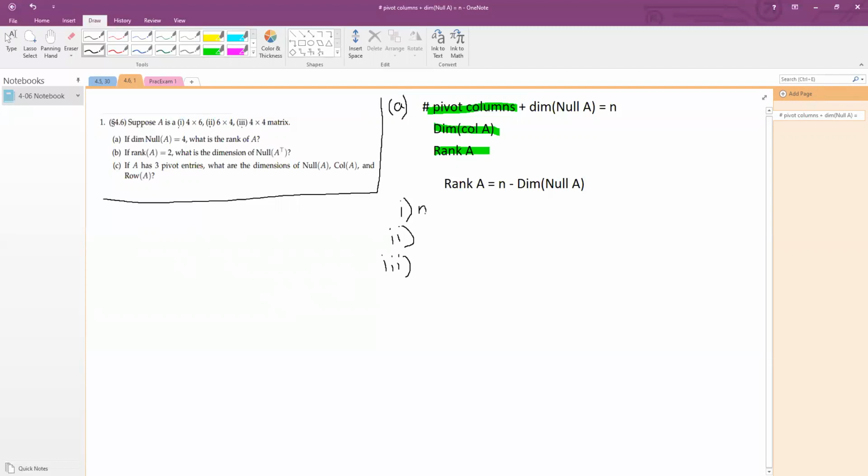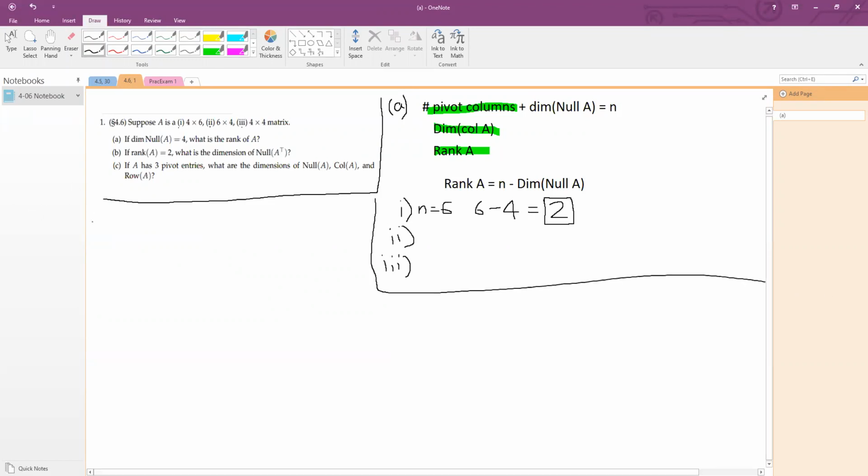So our n in number 1 is 6. Then our formula is going to look like 6 minus, and the dimension of the null space of A is 4 for all of these. And then the rank is just 2. So there's your answer. For the rest of these, you've got to find n, plug it into the equation, and see what you end up with.